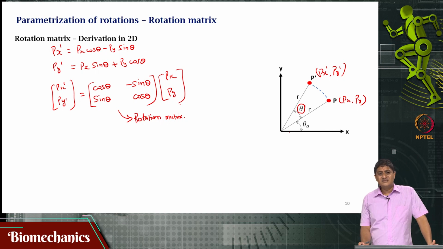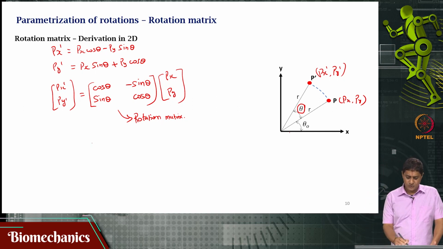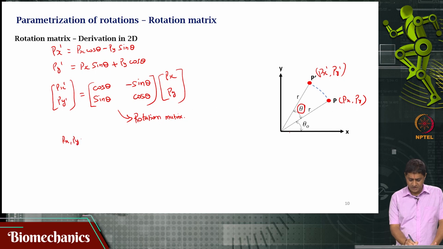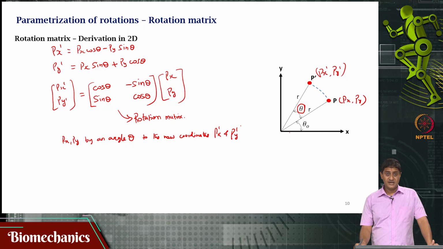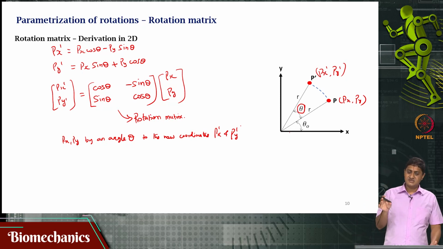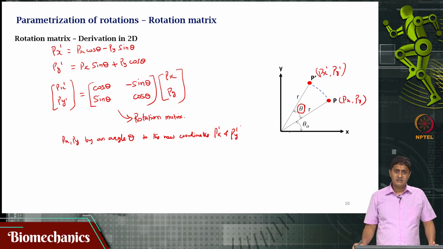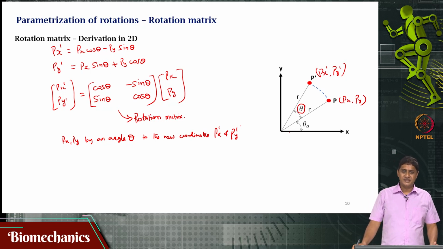This rotation matrix is the matrix that rotates a point P whose coordinates are Px and Py by an angle theta to the new coordinates Px dash and Py dash. So, this is the matrix that rotates this point by an angle theta. Remember, this is in 2D.